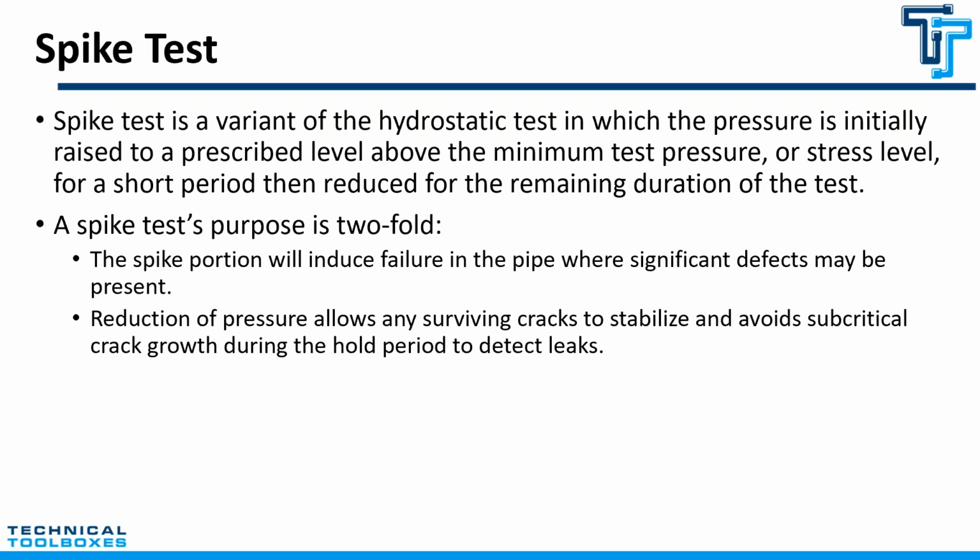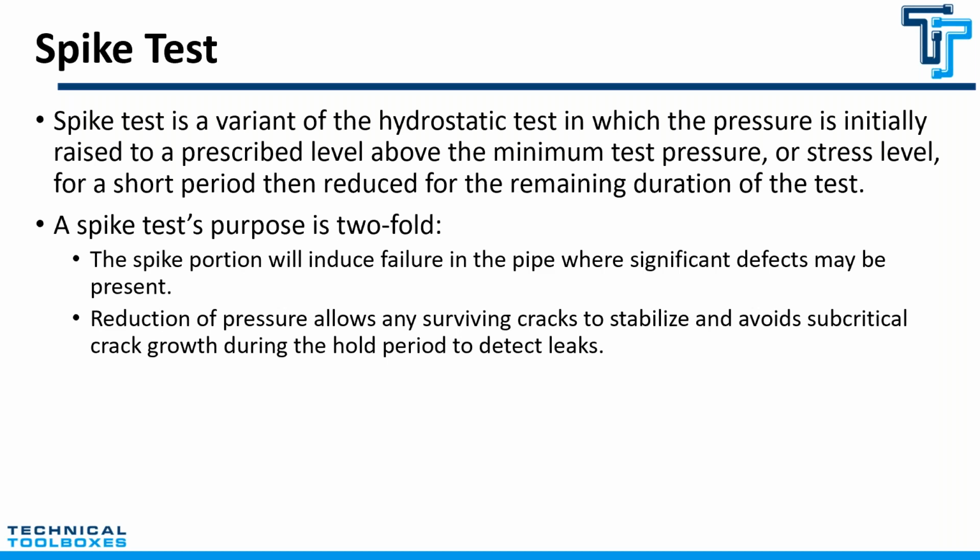The National Transportation Safety Board recommends incorporating a spike test when testing existing pipes with a test pressure to MAOP ratio of less than 1.4, and for pipes that usually experience seam weld failures or are susceptible to seam weld cracking.